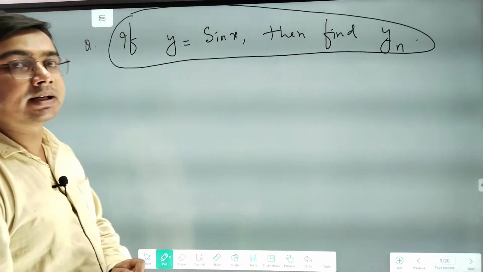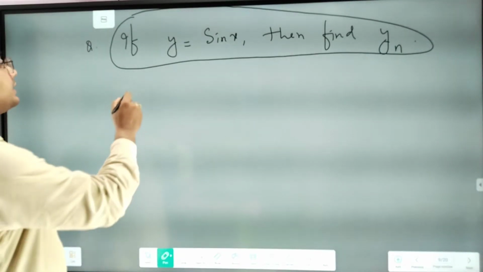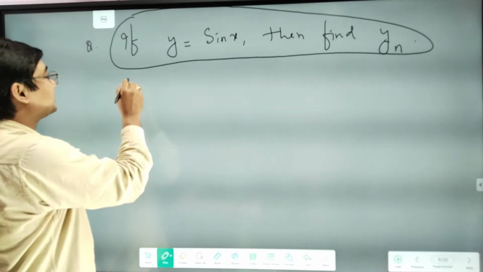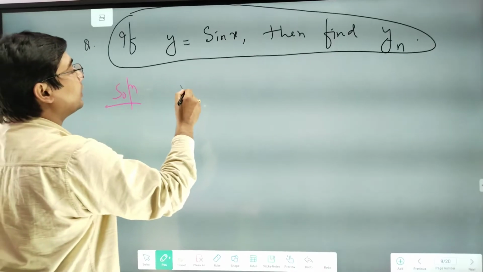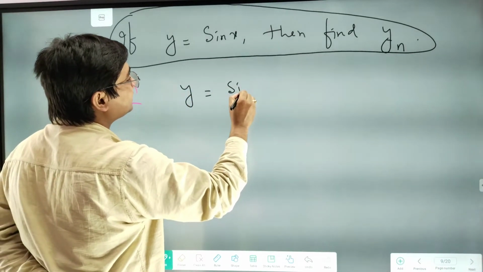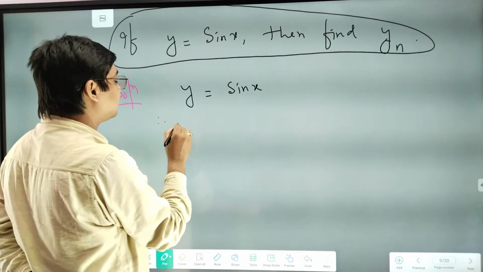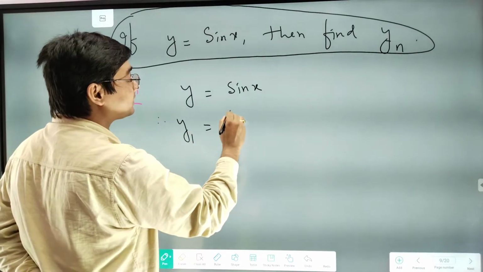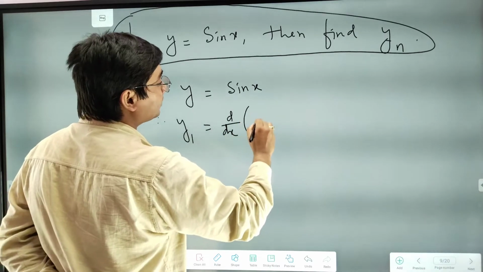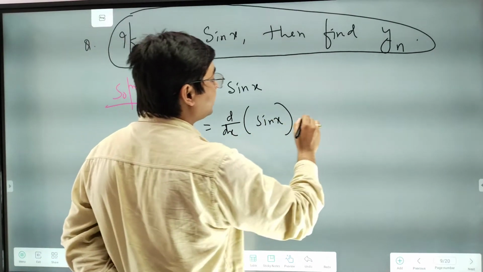So what we do here guys? Just to find the derivatives, first order derivatives. So y equal to sin x is given. Therefore y1 means the first order differentiation. Yes, so derivative of sin x will be cos x.